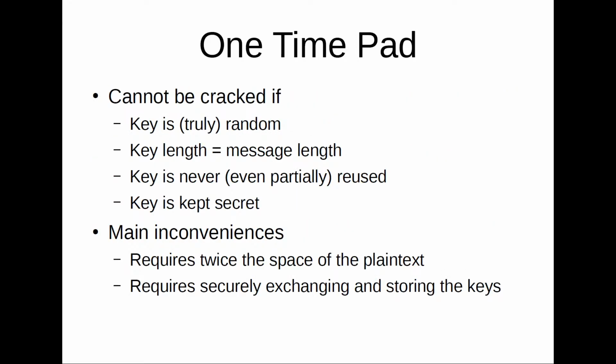And one-time pad can't be cracked if a few conditions are met. The key has to be truly random. The key length has to be the same as the message length. The key can never be even partially reused, and the key has to be kept secret. If those 4 conditions are met, then one-time pad can't be cracked.